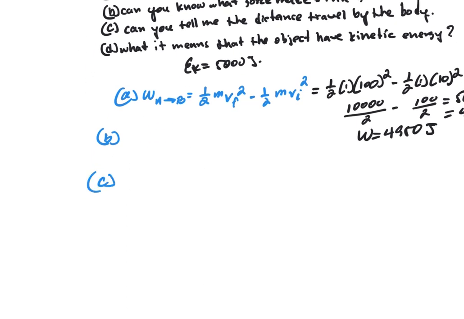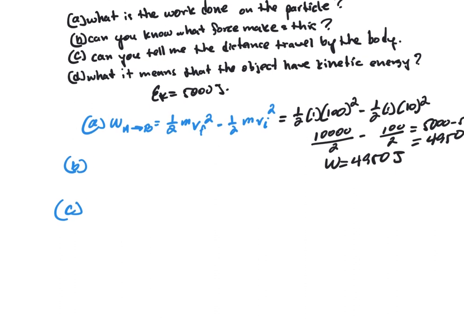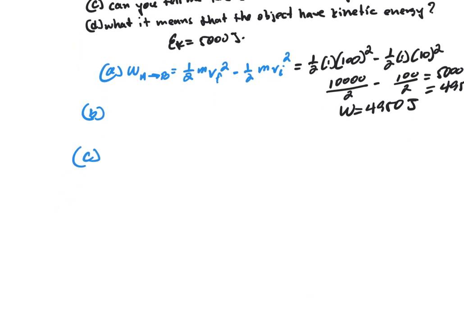So C says, can you tell the distance traveled by the body? So we know work is force times distance, or the displacement. And we know our work was 4950, which equals mass times gravity, that will be the force, times distance.